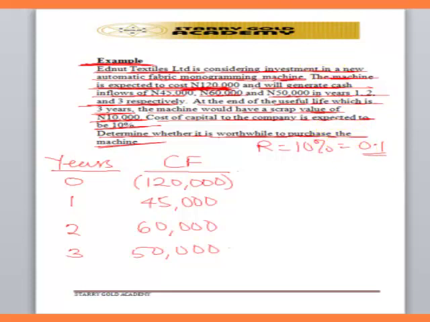So let's do this as appropriate. We have our years, which are 0, 1, 2, 3, and we have the cash flow. For year 0, we have 120,000.